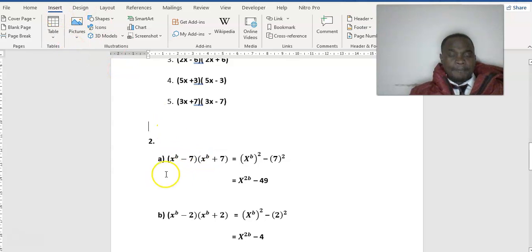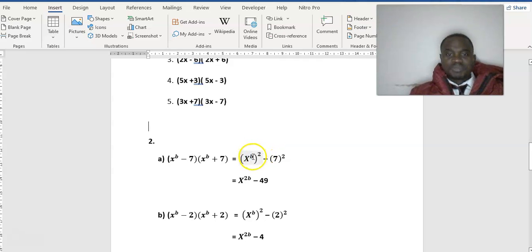Okay, so this time we have x exponent b instead of 2 or whatever: x exponent b minus 7, x exponent b plus 7. What is it going to be? x exponent b all squared minus 7 exponent 2. So remember, these two affect the b.